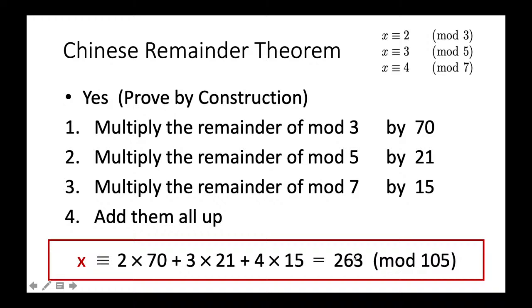And in fact, because we are talking about modulo 105, 263 and 53 are the same under modulo 105. So we are claiming that when we plug in x to be 53, then it will work.